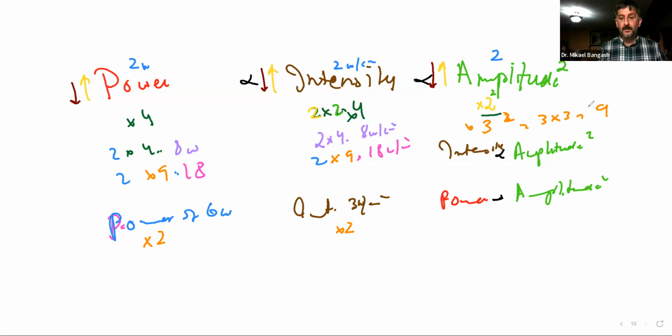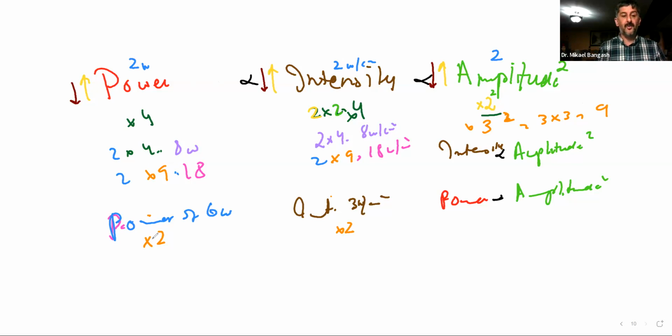So that doubling is only if you compare the change in the amplitude to the change in intensity, or change in the amplitude and intensity of power. But when you compare change in power to change in intensity, it's going to be the same.